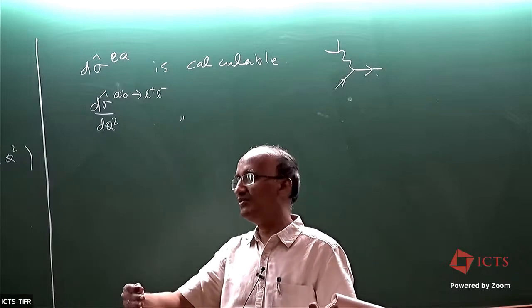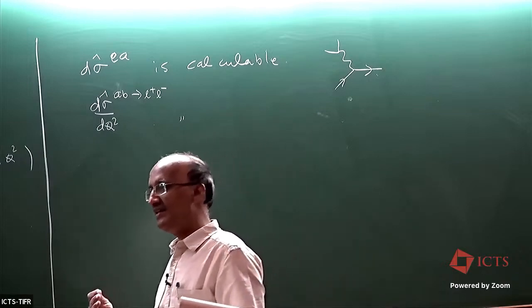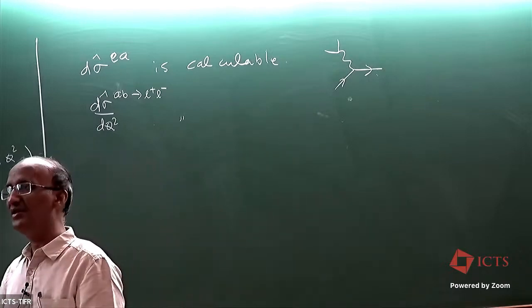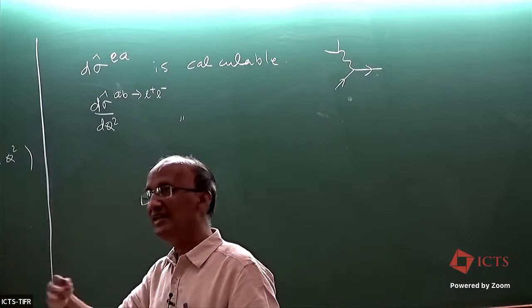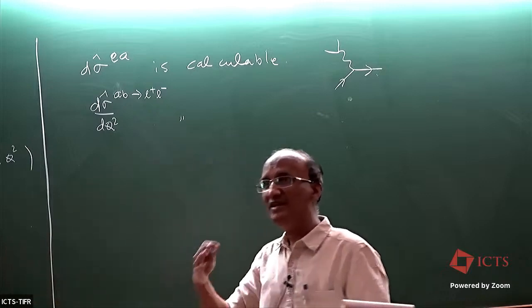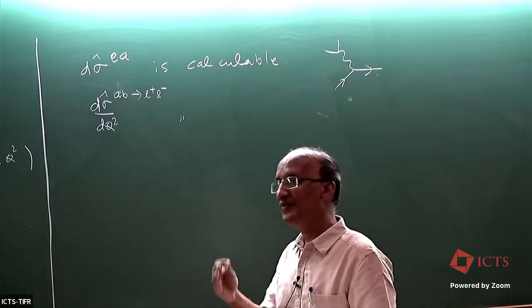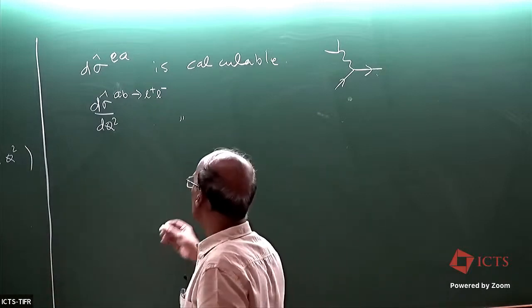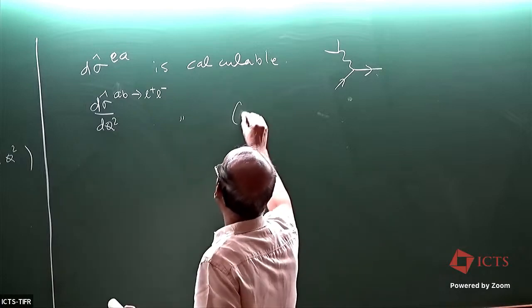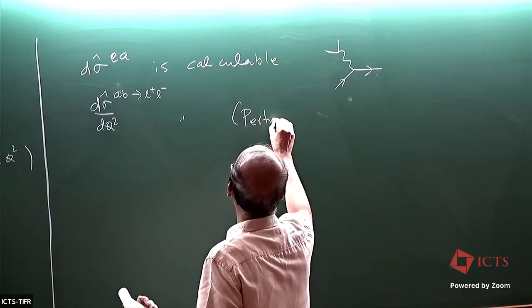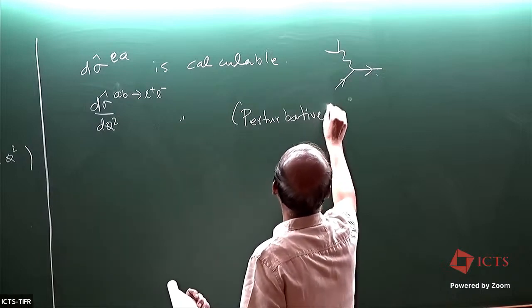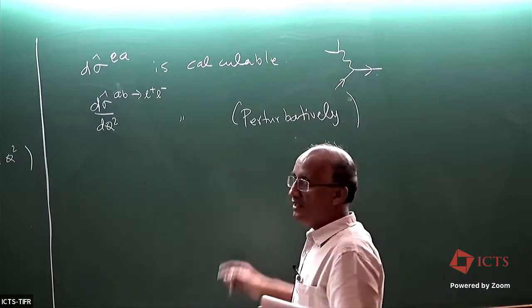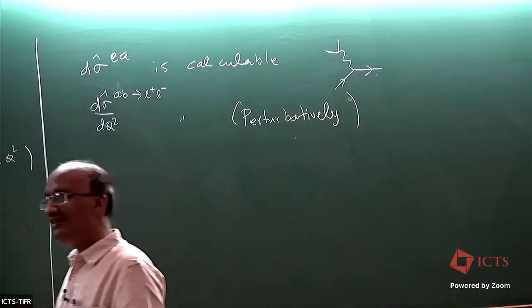Suppose if it's a QED process, I will calculate in power series expansion of fine structure constant. If it is a QCD process, you'll see that you'll need to calculate these quantities as a series expansion in strong coupling constants. So they are all calculable perturbatively. Okay, perturbation really means strong interaction.